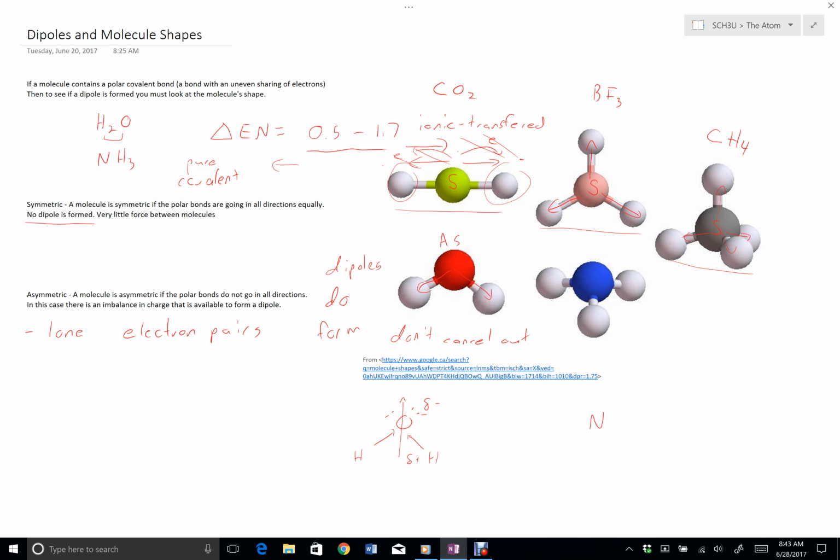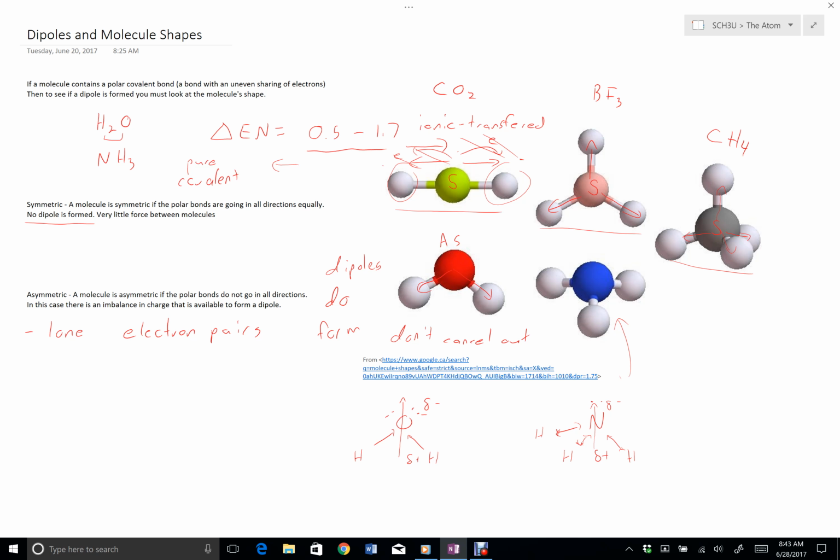Now ammonia, NH3, is our example molecule here. What we can see is each of these are canceling each other out on the plane, but they're all pointed down a little bit. So nitrogen likes the electrons more than hydrogen, so it's going to pull them up towards it a tiny little bit. And what that's going to do is make a dipole that goes from the bottom to the top, making the nitrogen partially negative and all of those hydrogens a little bit positive.